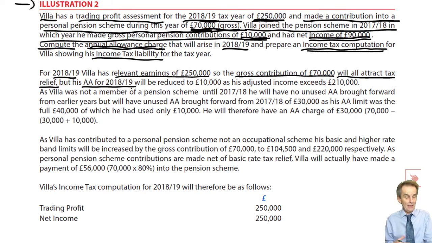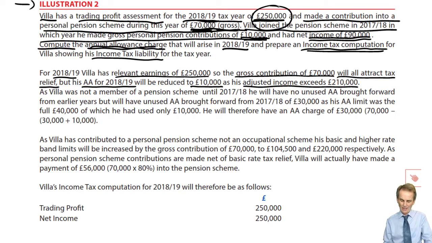His annual allowance itself for 18-19 will be reduced to the minimum 10,000. Why? Because the adjusted income exceeds 210,000. We've got their adjusted income of £250,000, so that's well in excess of 210. So immediately, without any further calculation, just bring it down to the minimum that will be allowed, £10,000.